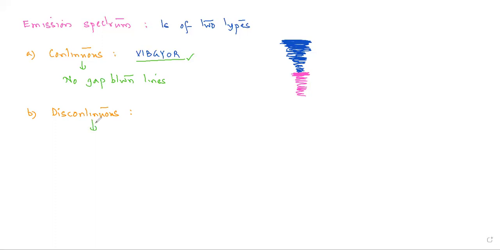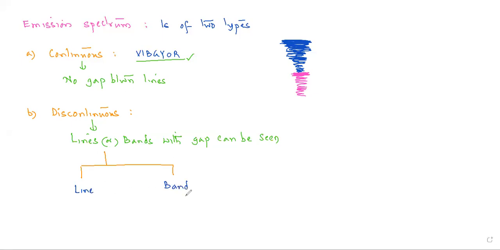Whereas discontinuous, as the name suggests, has lines or bands with the gaps that can be seen. Now, as I said, discontinuous is again classified into two types. One is a line spectrum, the other one is band spectrum.